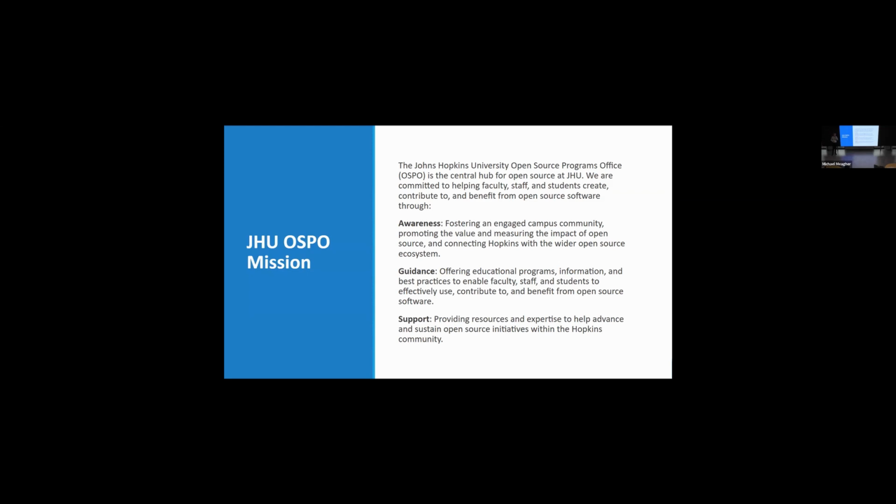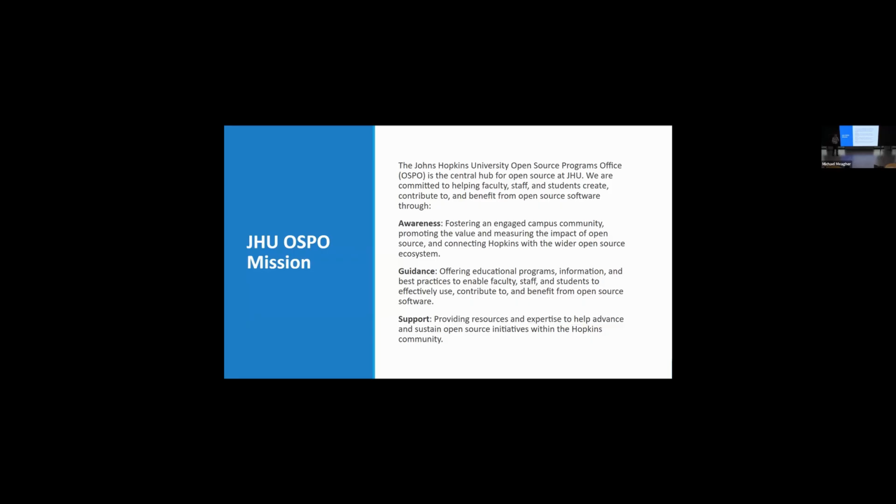So our starting point is ensuring that people know what open source is, how it works, why it's being included within the institution, how you can work together, and how people outside of the institution can be aware of and know what is happening and engage with the work that's happening within Johns Hopkins.